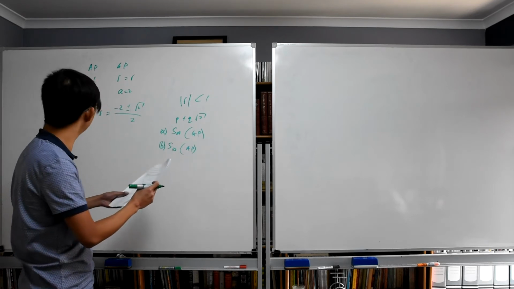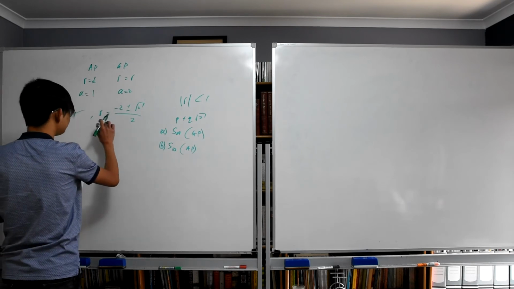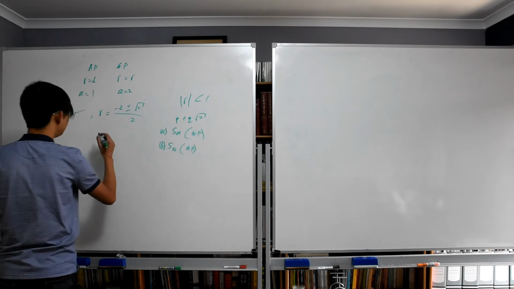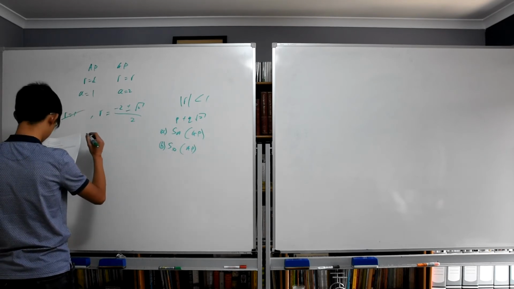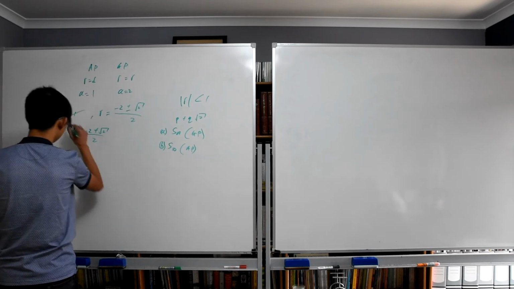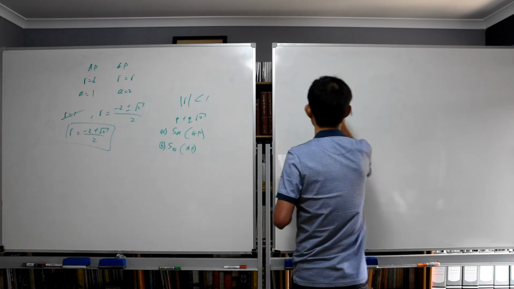With that said, we can disqualify r is equal to 1 and we can disqualify r is equal to minus 2 minus root 2 on 2, leaving us with just that common ratio value.